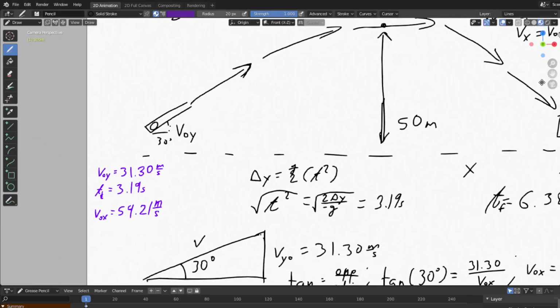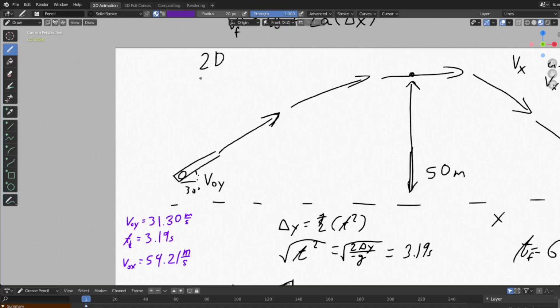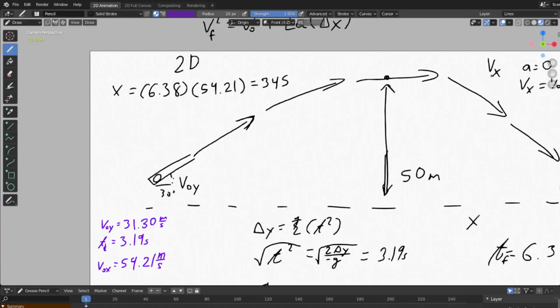But now we can do what I was trying to do earlier and say that x is just equal to 6.38, which is our final time, times our velocity in the x direction, to see that the total distance it traveled is 345, and then the lowest amount of sig figs we get is 3.